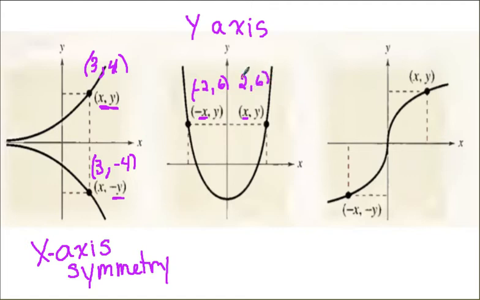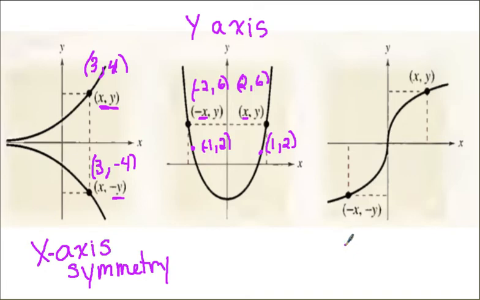And this will be true for every value. So if I had a point down here at, let's say, (negative 1, 2), I must also have the point (1, 2). So what we can see here is that by determining one point on the graph, we can find a second point automatically once we know the type of symmetry we have.